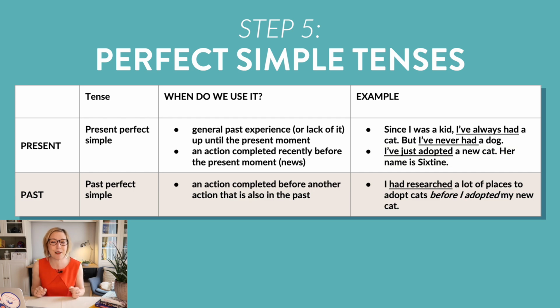Now, the past perfect simple. This is an action that was completed before another action. You can't see my hand because of the plant. It was completed before another action that is also in the past. So the past perfect simple, it's like it's more in the past.